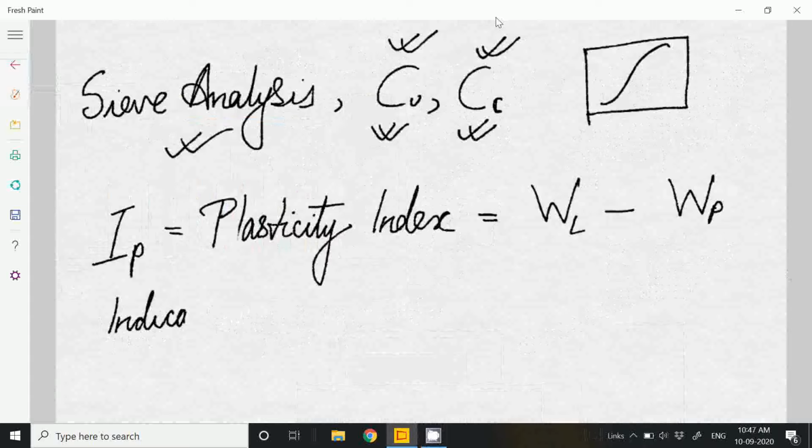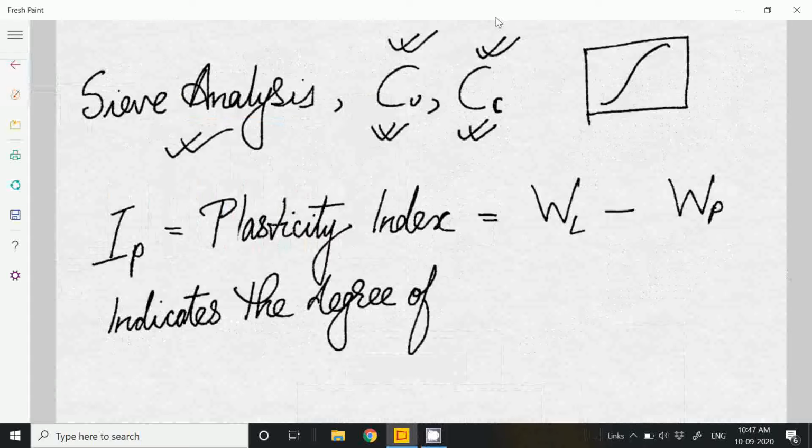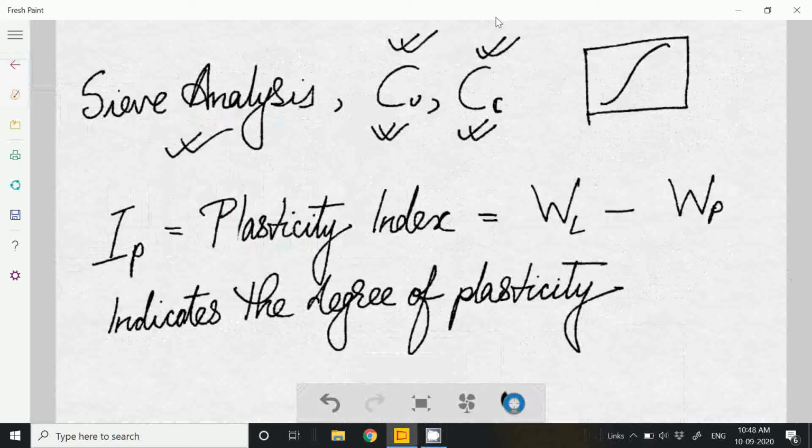It indicates the degree of plasticity. So a high value of plasticity index means highly plastic.